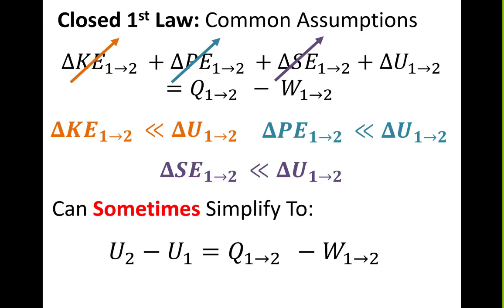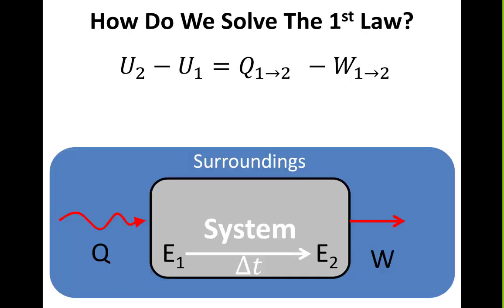And if we can make those simplifications or assumptions, then delta E will become delta U. Now, if you went through the preliminary lectures, you'll know that delta U, delta big U, is internal energy. We can also write that down as the mass in the system times the change in the specific internal energy, or delta little u.